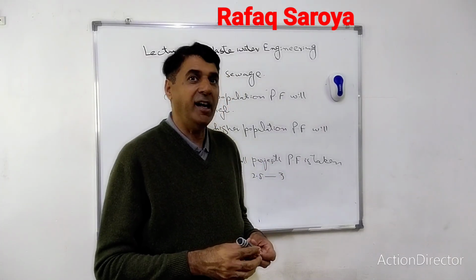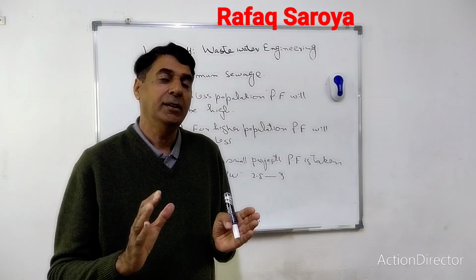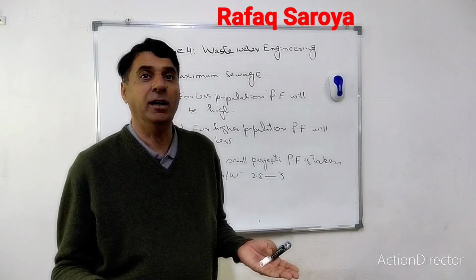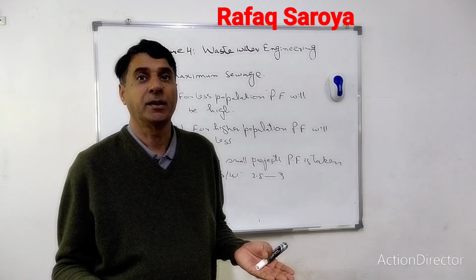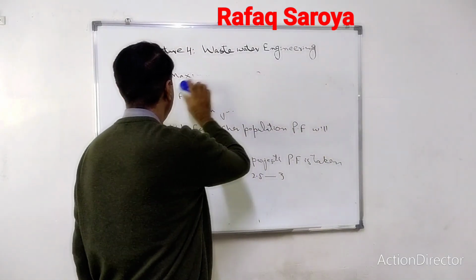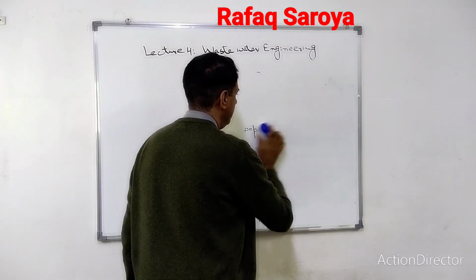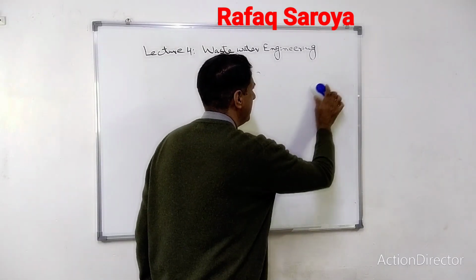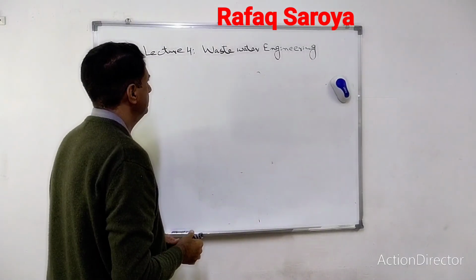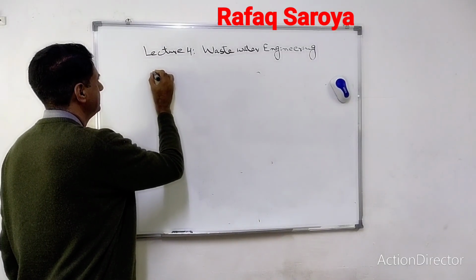Now I will give you one example so that you will be able to understand how much our Qmax will be. For this, I would like to give you the same example which I solved in my previous lectures. Now I am going to write it down again. Determination of Qmax.